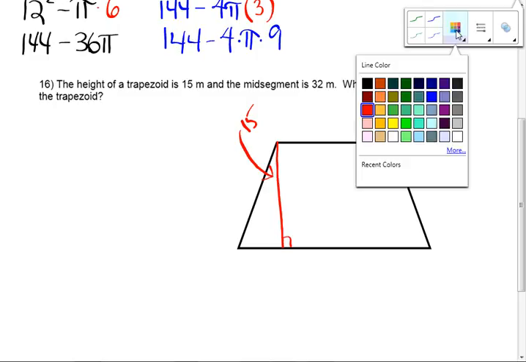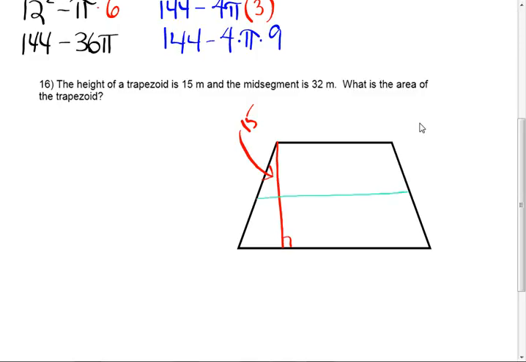And, do we see that color? Yeah. Okay. This mid-segment is right here. Can you see that color? Yeah. Okay, that's 32. But what you may not realize is what's the area of a trapezoid? The formula. It's 1/2 the sum of the bases times the height.